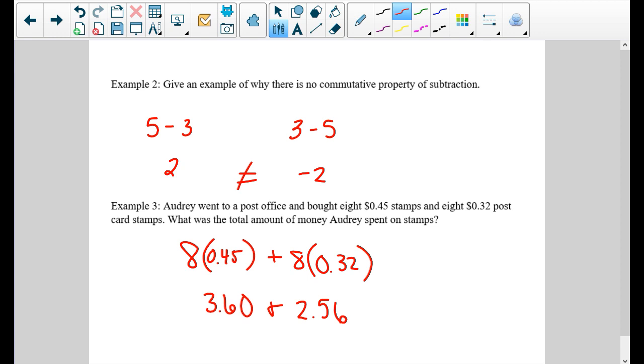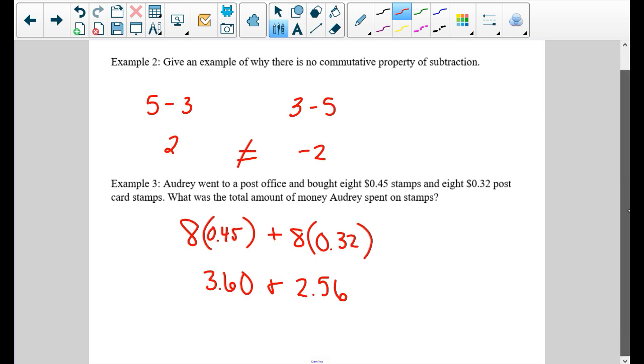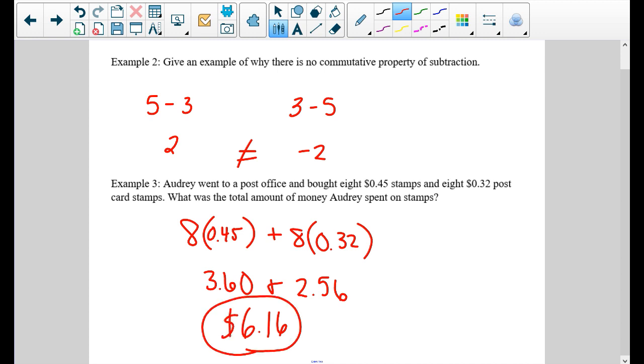And if I add those two together, $3.60 plus $2.56, $6.16. $6.16 on stamps. Does anyone know another way you could have done this? Again, this is like that distributive property. Since I bought 8 of both, I could have found the total cost per stamp for both, one of each, and then multiplied by 8. Either way, it'll work out.